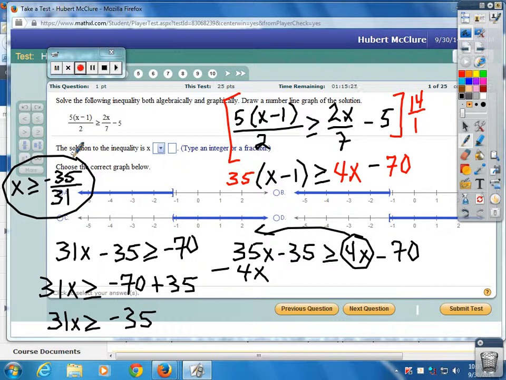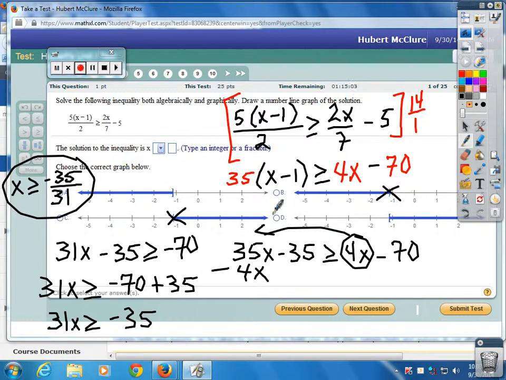So what does it get? That one's wrong, and that one's wrong, because it has parentheses. Which one of the bracket ones, A or D, is showing you the numbers more than negative 35 over 31?